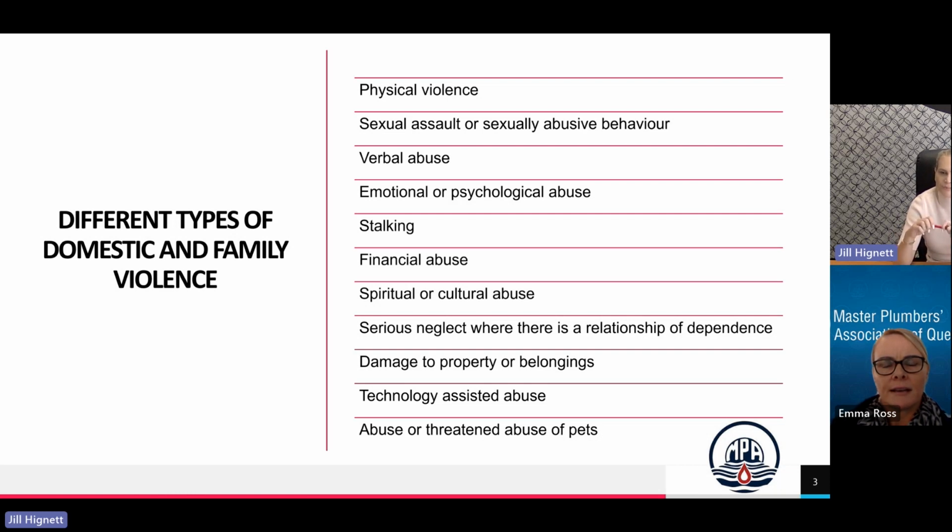Absolutely. And I guess there's a lot of thinking around the physicalness of it, but certainly when it's more broadly like this, there's a lot more to it that can certainly impact somebody's life. Absolutely. So what are some signs, I guess, for businesses to look out for that an employee may be experiencing family and domestic violence?